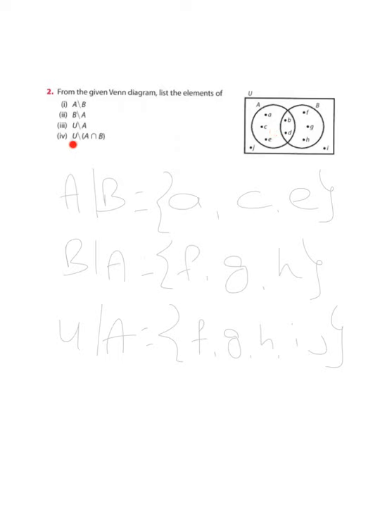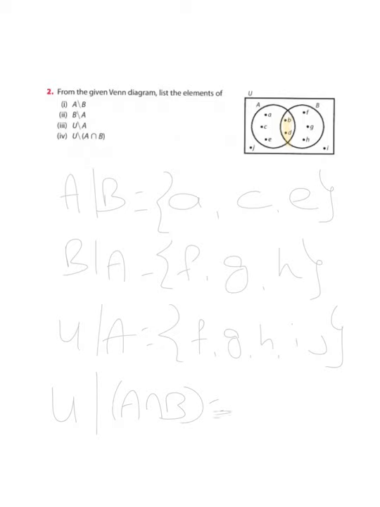The next one then is the universal set less A intersection B. So it's the universal set without the A intersection B part. Remember, the A intersection B part is this one here, which is the B and D. So that is gone. We cannot count that in.